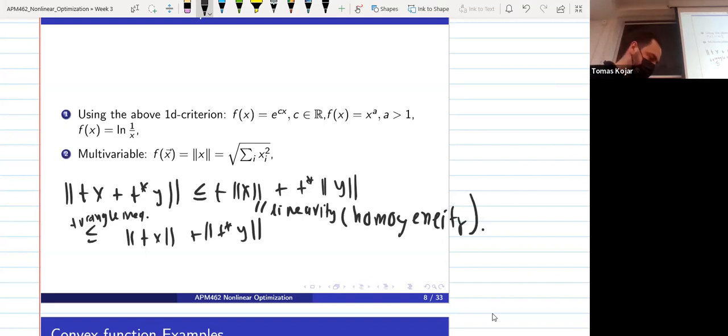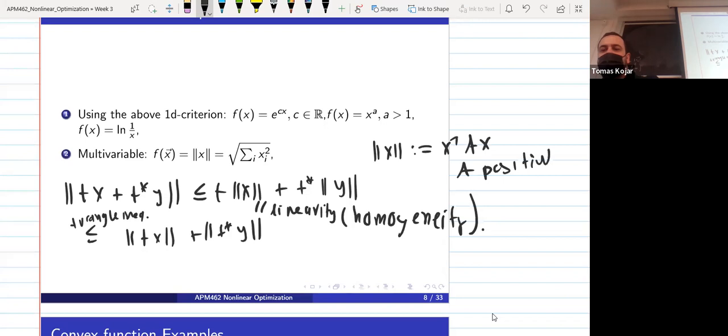What's another norm? Okay, yeah, 2 to 4, that's right. So here's another: the norm of x equal to x transpose Ax for A positive definite. I mean, we are an applied course, so I have to do applied stuff.